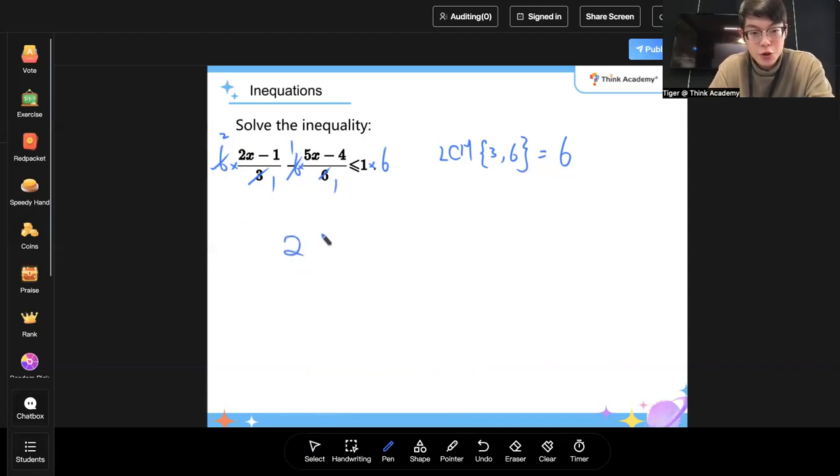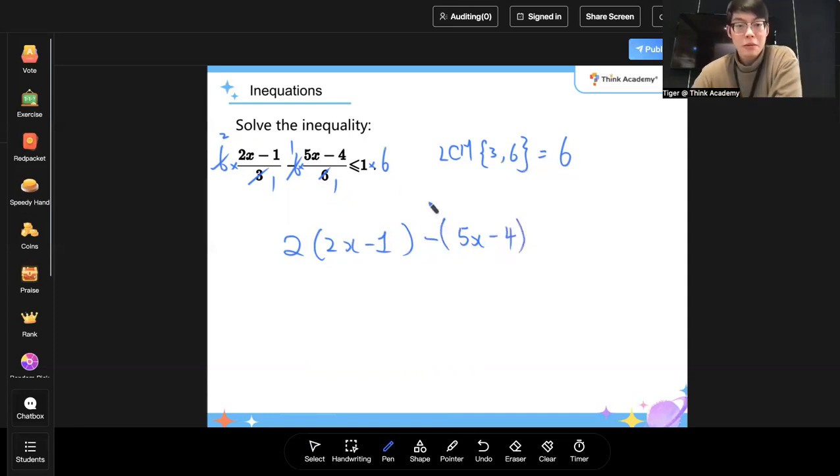So we have 2 multiplying 2x, take away 1 in brackets, take away 5x, take away 4 in brackets as well. Because when you're taking it away, you're actually multiplying the whole thing by -1, all right? That's something we have talked about yesterday. And this is also something which you might easily make a mistake in.